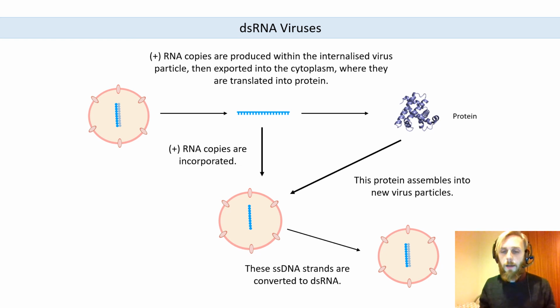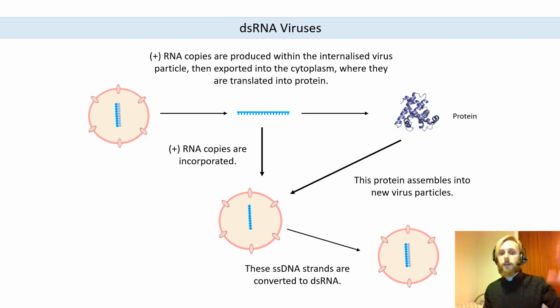But the process can't be complete at this stage because we know the double-stranded RNA virus genome is double-stranded RNA. That's why we consider them double-stranded RNA viruses. So the positive RNA copy of the genome has to be converted into double-stranded RNA. And this is simply done by the same RNA-dependent RNA polymerase.